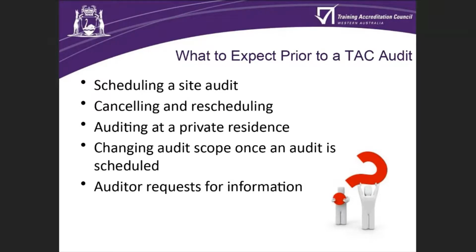When it comes to a site audit, obviously there are a lot more ducks to get in a row. You've got to get the auditor there at a certain date. The RTO's got to be ready for the audit. Everybody's got to be clear about what is to be audited, what their roles and responsibilities are, etc., etc. So it is a little bit more challenging.